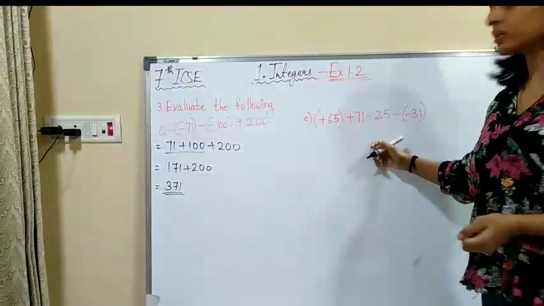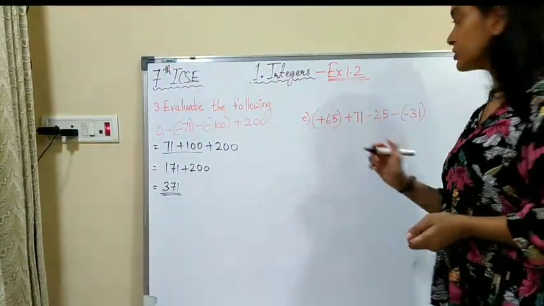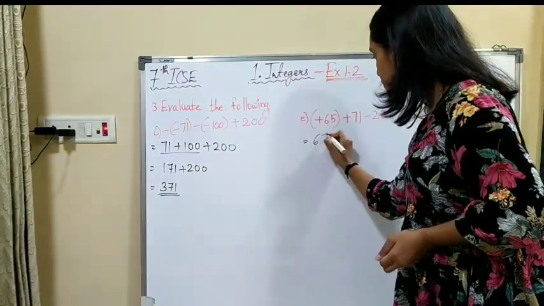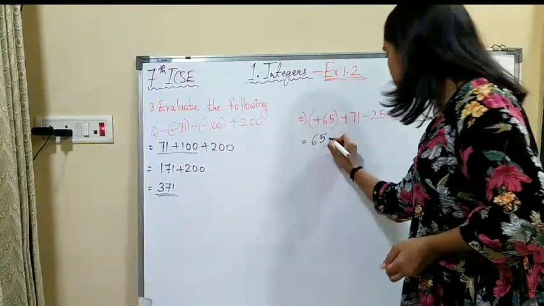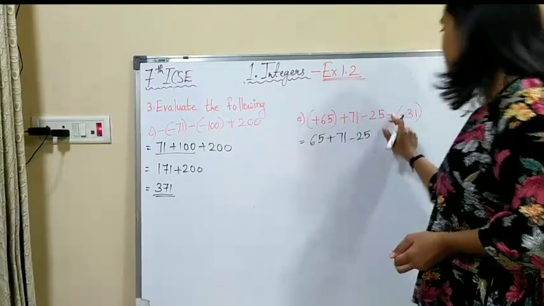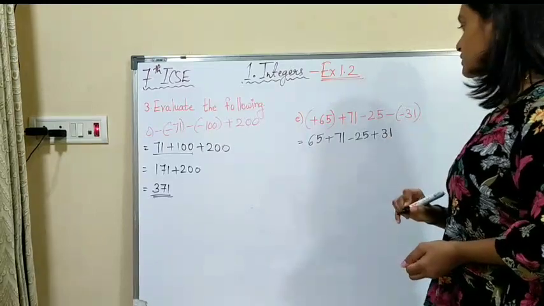Now the next question is this. So here again you will open the bracket first. It will give you positive 65 is 65. No need to write positive sign first. Then we have plus 71 minus 25. Minus is again plus. So plus 31.